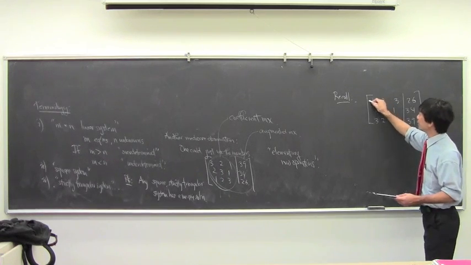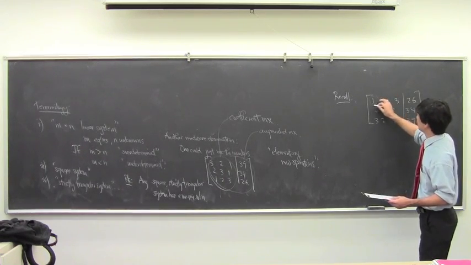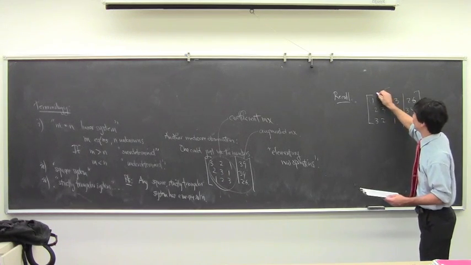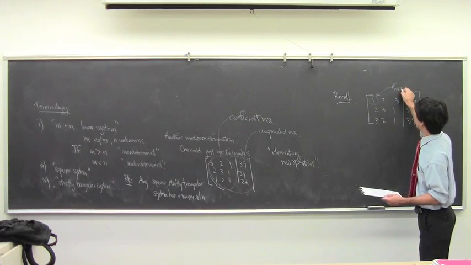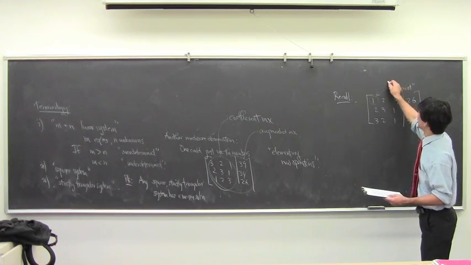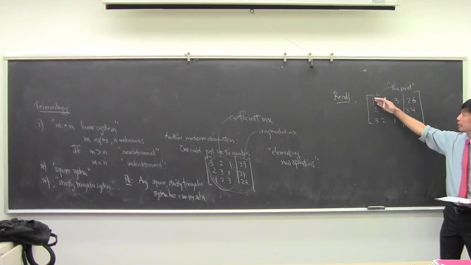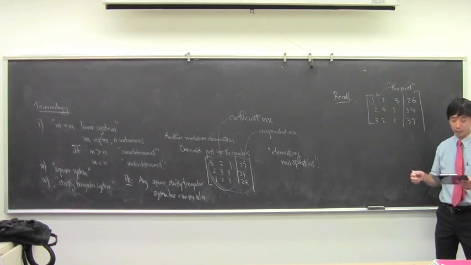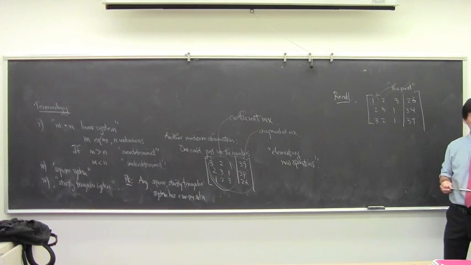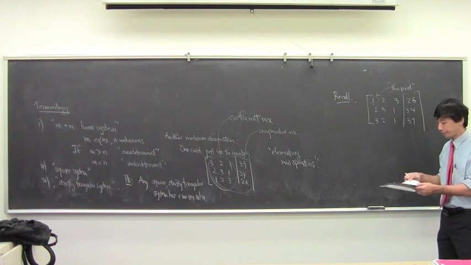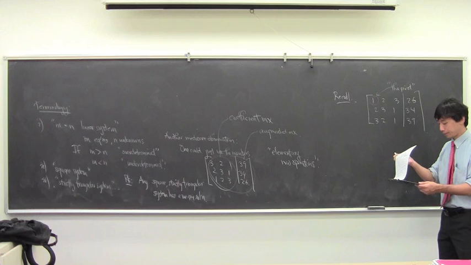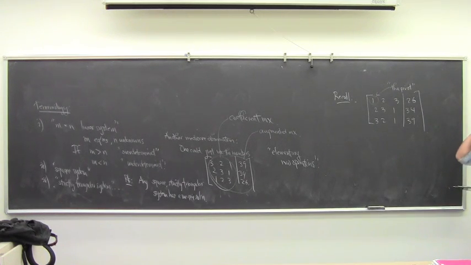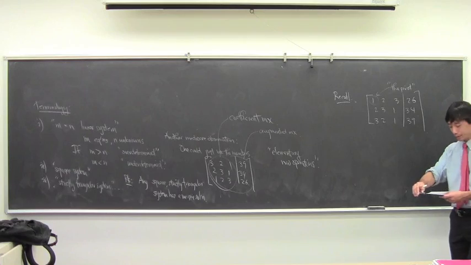In that case, you call the row that you're doing this with the pivotal row, and you call this thing the pivot. It's just terminology. This thing that you use to clear out the coefficients is called the pivot.